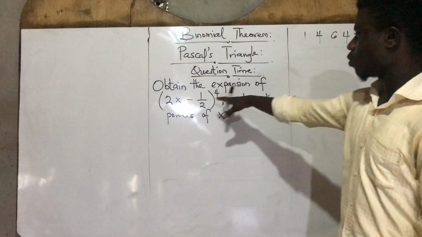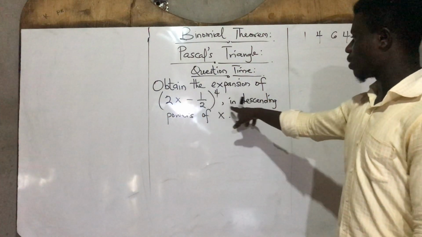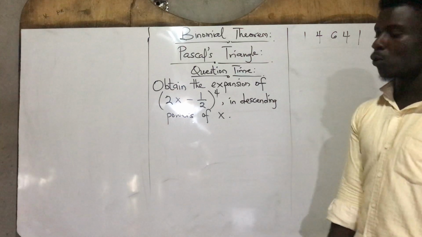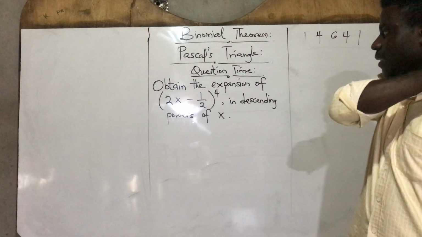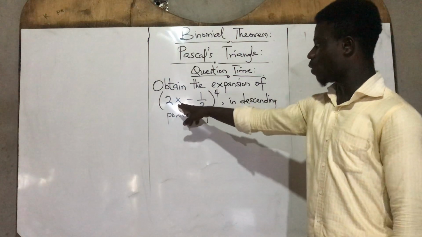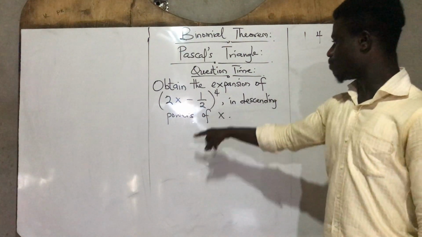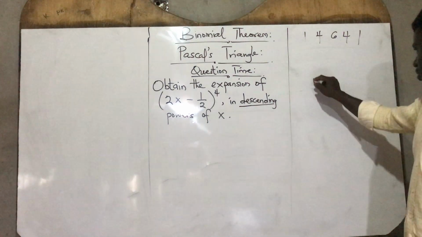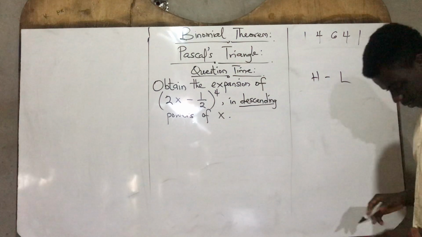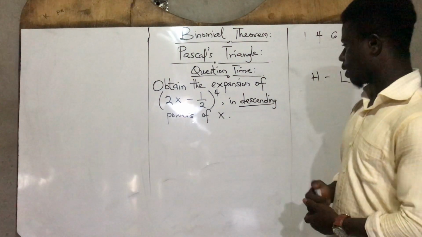Obtain the expansion of (2x minus half) all to the power 4 in descending powers of x. Descending means what? From the highest to the lowest.